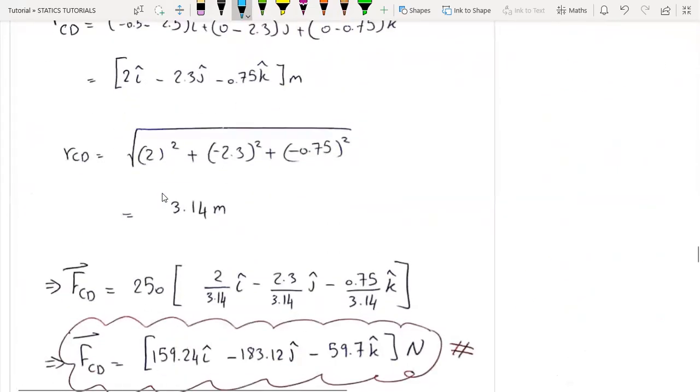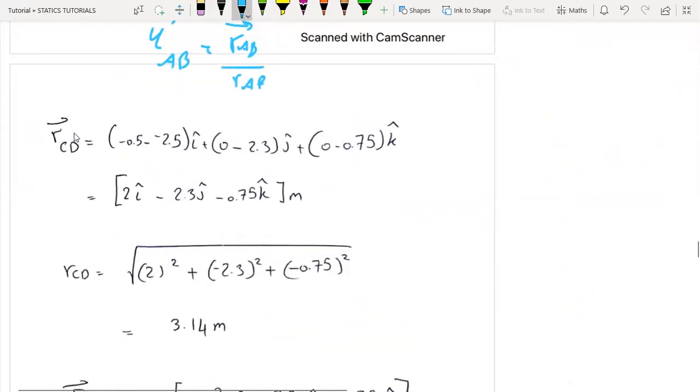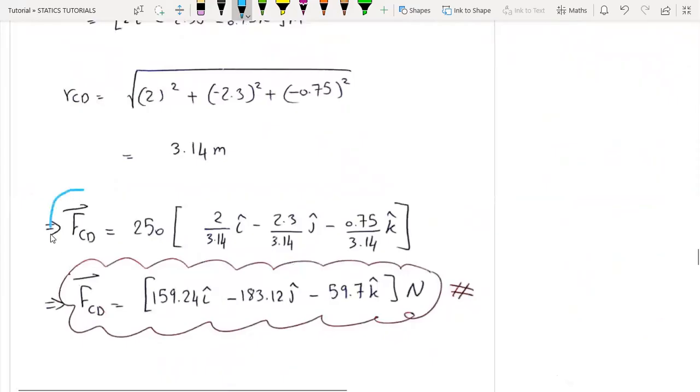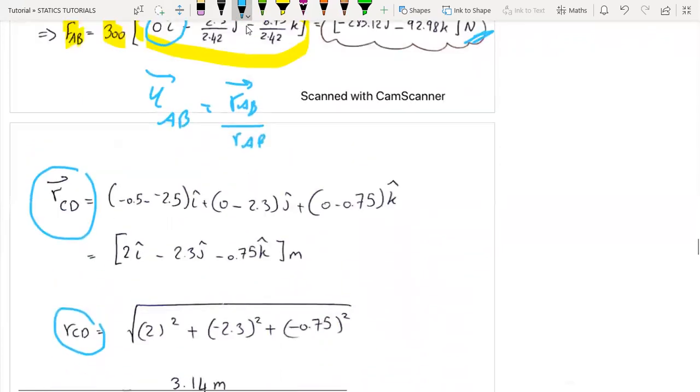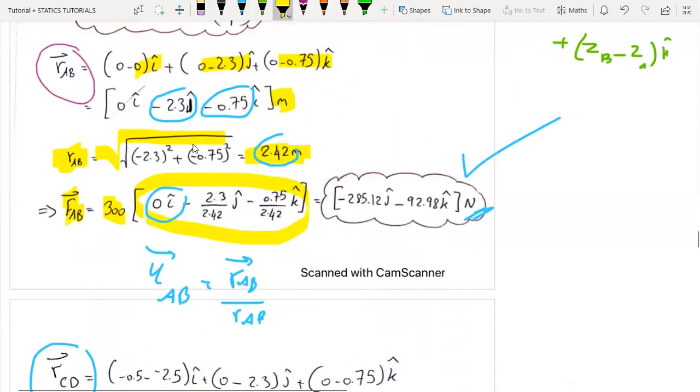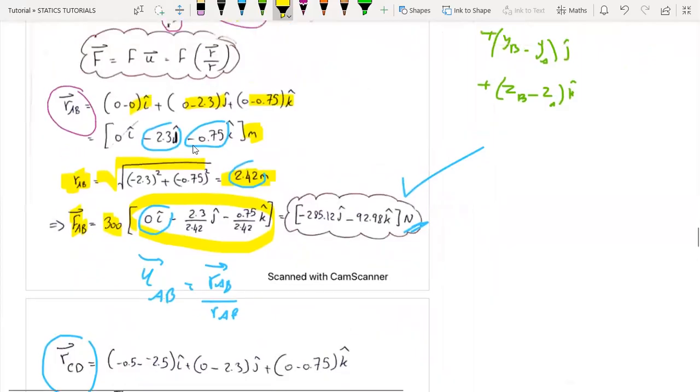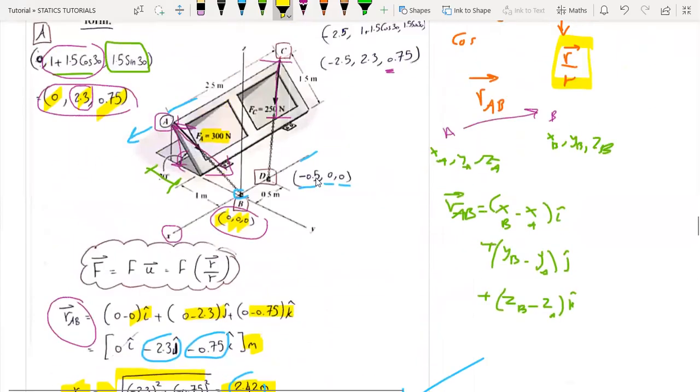Similarly here, to find the vector FCD, we should first find the position vector RCD and the magnitude. So here we are going to say D minus C. Here we will say minus 0.5 minus C, which is what?